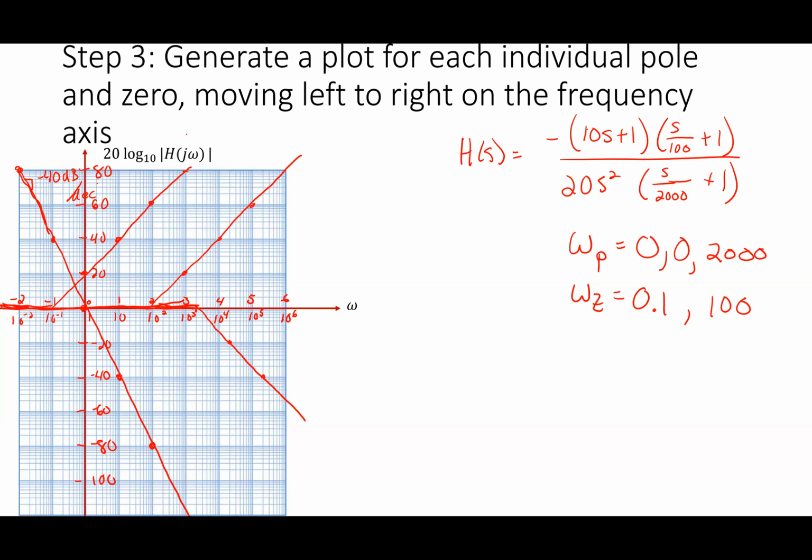So I'm adding something that's making me fall at -40, and something that's trying to make me rise at 20. What do you think is going to happen? I'm going to fall at -20. My slope went from -40, I added 20, -40 plus 20 is -20. So he's going to shallow off. He's still going to be falling, but he's going to shallow out.